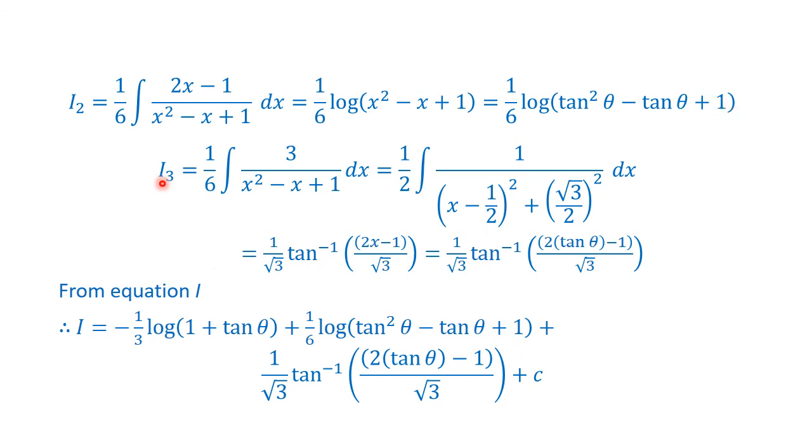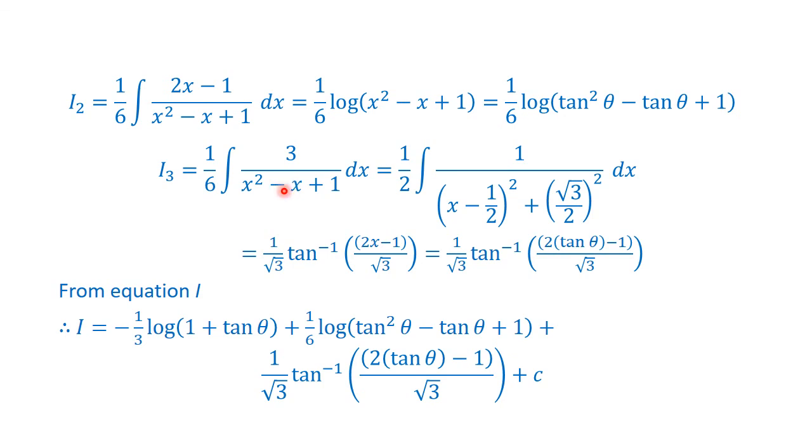Now come to I3. Now 1 by 6 is already there, 3 upon x square minus x plus 1. Now for this integral we have to make it a complete square by adding and subtracting the third term. So the third term will be the coefficient of the middle term, that is minus 1 into half, that is minus half, and its square, that is 1 by 4.